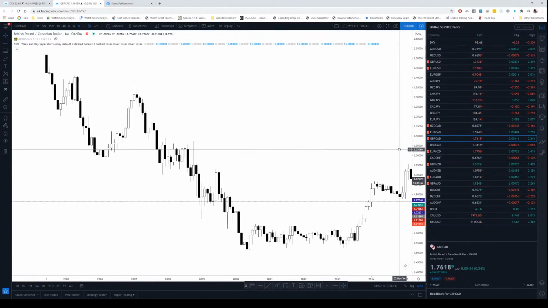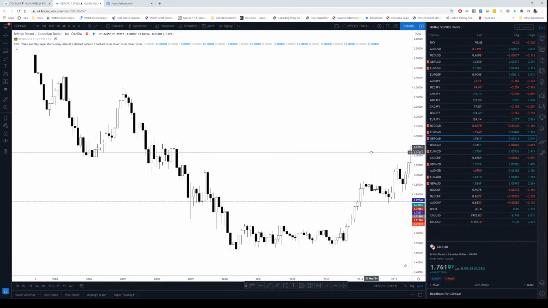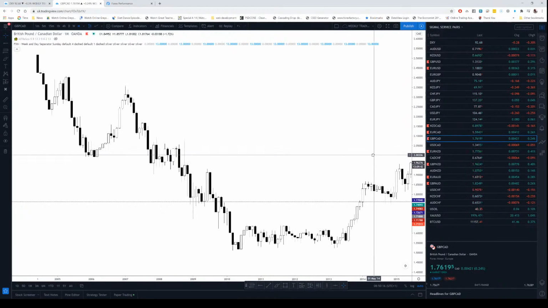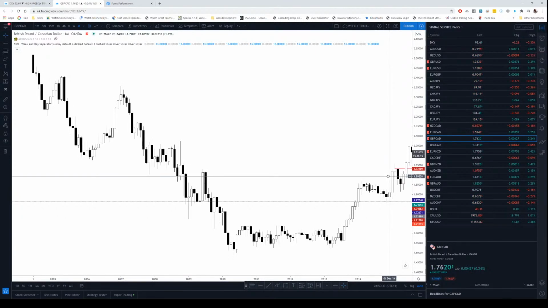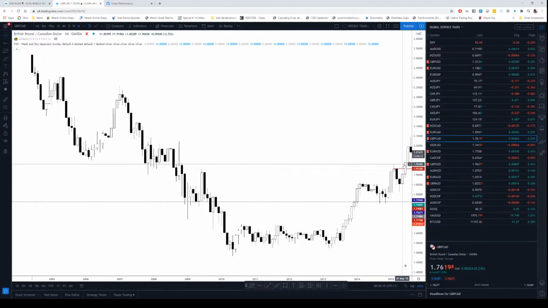So I always like giving examples. All right, look at this. Put a mental picture right now of what I'm showing you. We have these two down candles, and then we trade above this, and once we did trade above it, what did price do? We had one full month of an up candle.